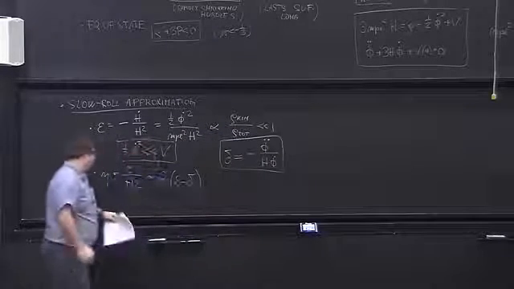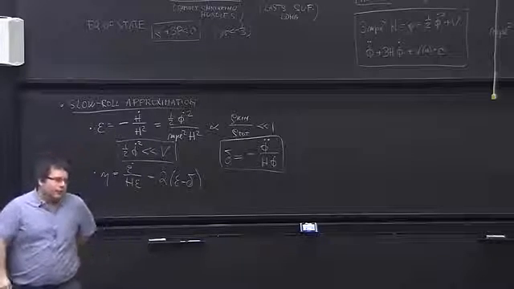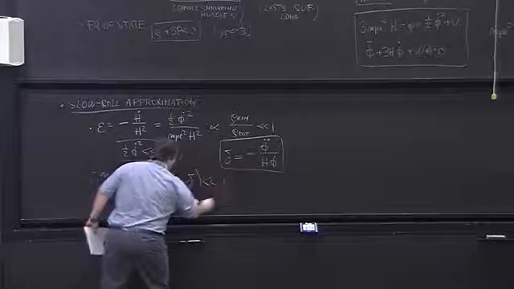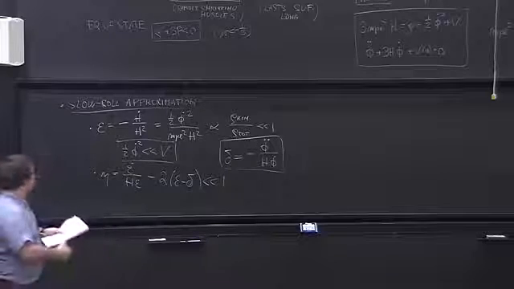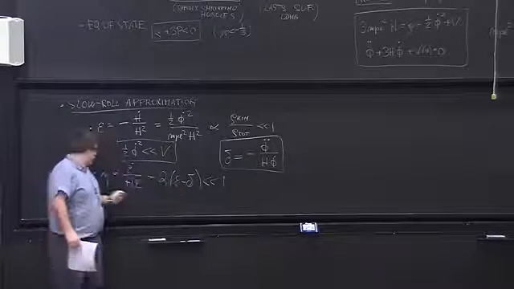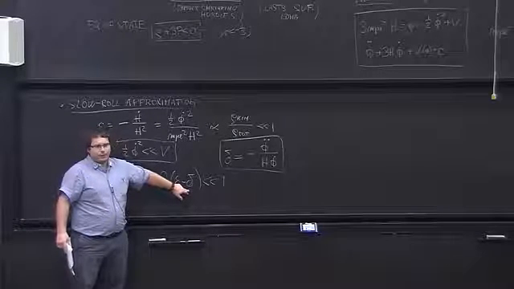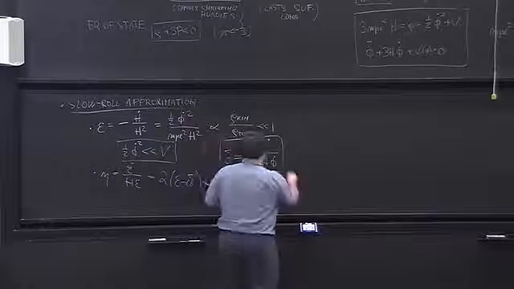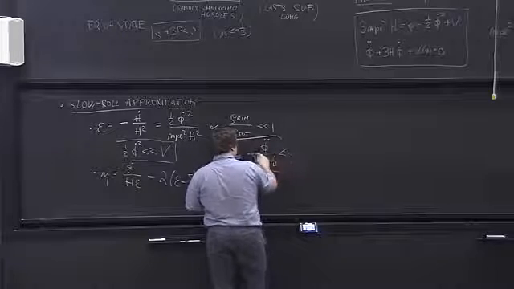Okay. So now you require that this is much smaller than 1, in absolute value maybe, since some things may be negative. But you already know that epsilon is much smaller than 1. So in order for this to be satisfied, delta also has to be much smaller than 1. Okay, so you have a condition that this parameter delta must be much smaller than 1, and perhaps this is an absolute value.